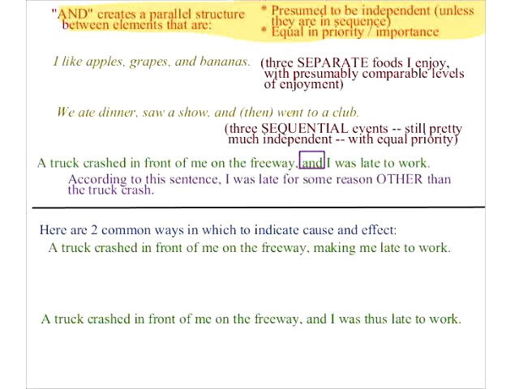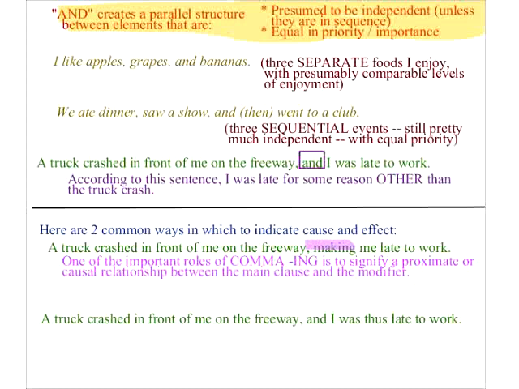One kind of modifier that's expressly tailored to do that kind of job is this comma ing. This is not the only thing that comma ing does, but one of the important roles of comma ing is to signify a proximate or causal relationship between the main clause and the modifier.